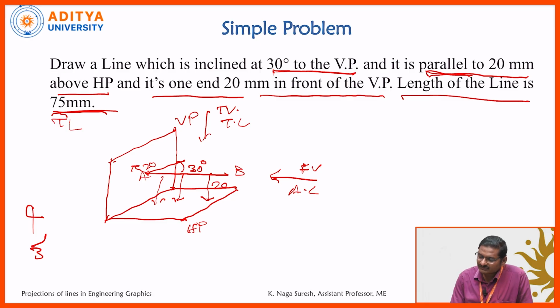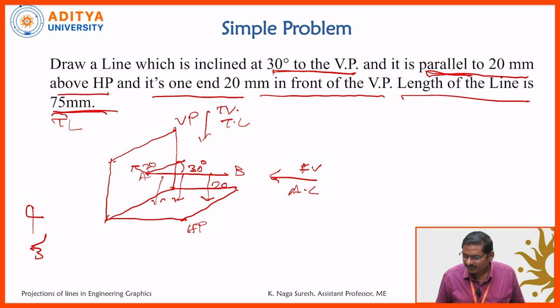The front view shows the line parallel to the horizontal plane at 20 mm. The top view shows the line inclined at 30 degrees with the VP.